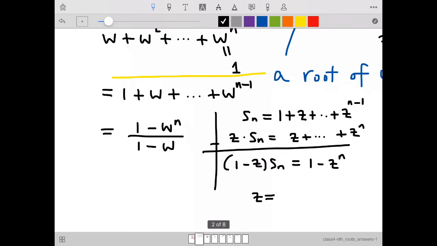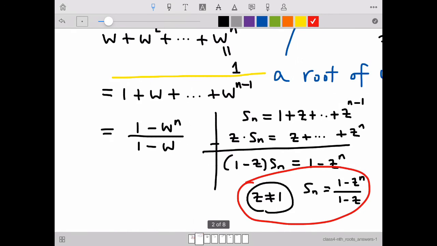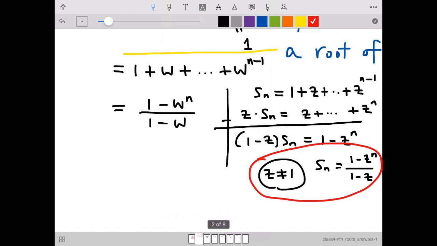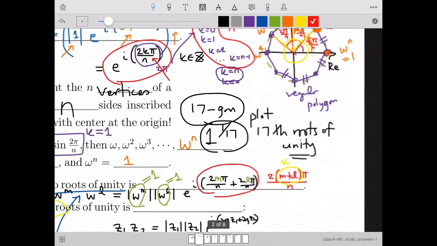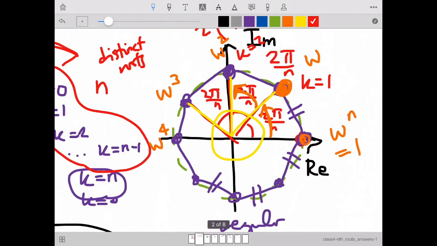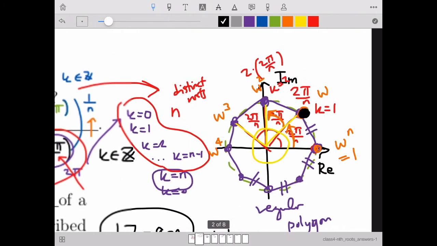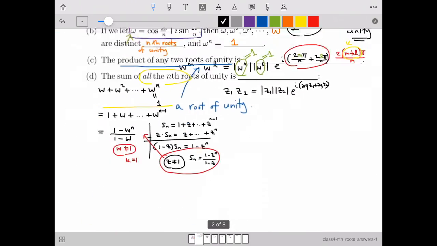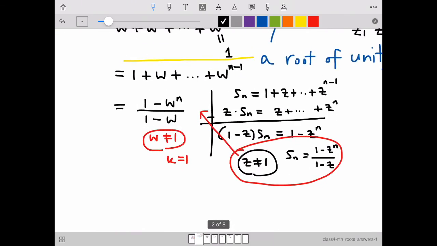So if z is not equal to 1, then S_n is 1 minus z to the n over 1 minus z, right? So we can write that like this because we know that w is not equal to 1. w was when k is 1, right? See, w is right there. So it is not equal to 1.